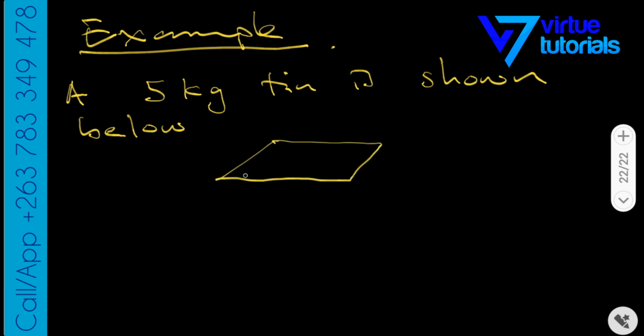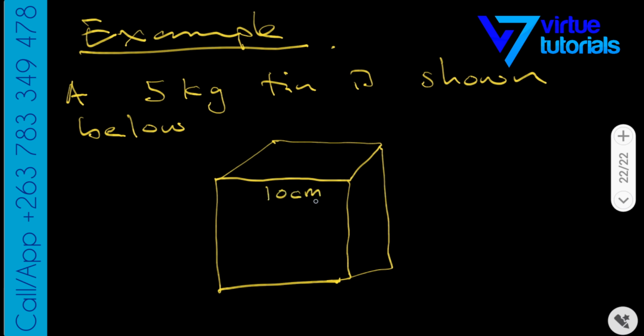It's a rectangular tin. It's got 10 centimeters there, 10 centimeters there, and then 5 centimeters there. So 10, 10, 5. So what do they want?